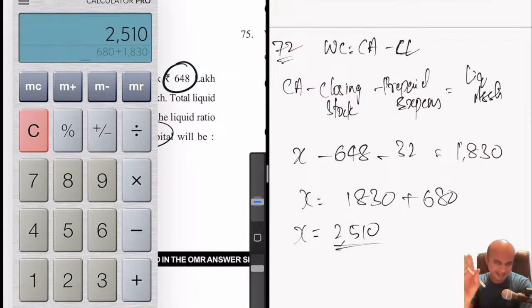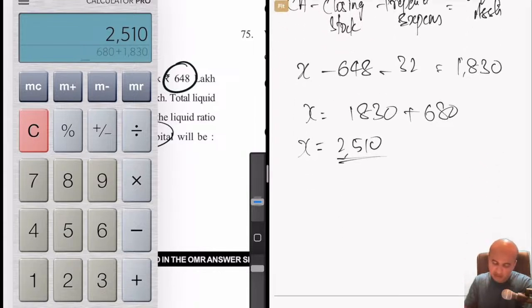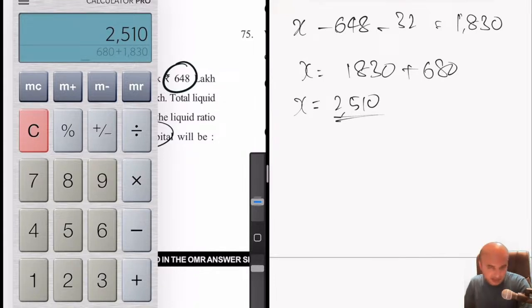Liquid assets is nothing but current assets minus closing stock minus prepaid expenses. Since everything is given apart from current assets, we could easily work backwards and find out the current assets. Now with the help of this we can also identify current liabilities, because liquid ratio is given. What is the formula for liquid ratio? It is nothing but liquid assets divided by current liabilities.